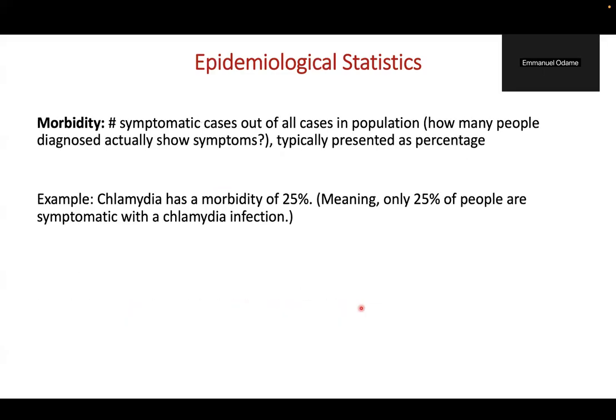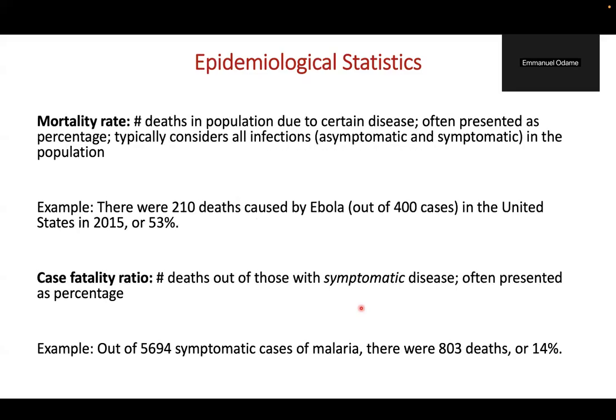Then we also have morbidity. It's basically the number of symptomatic cases out of all cases in the population. Typically we represent this as a percentage. An example is chlamydia. You can say chlamydia has a morbidity of 25%, meaning only 25% of people are symptomatic with a chlamydia infection.